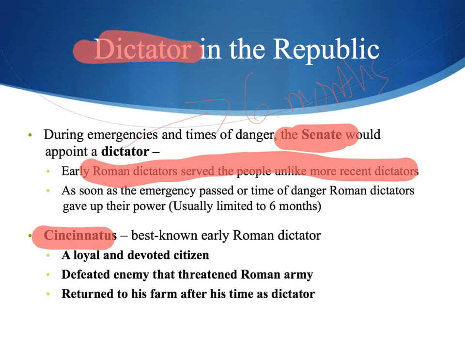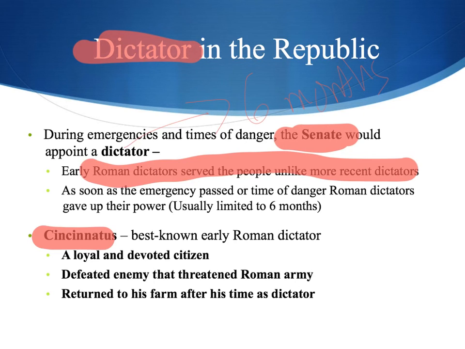He was someone who was a loyal and devoted citizen. He was a farmer, all right, and he was in the Roman army. He was an officer in the Roman army, a very successful general, and the Senate chose him in the late 400s to be a dictator and solve a danger.